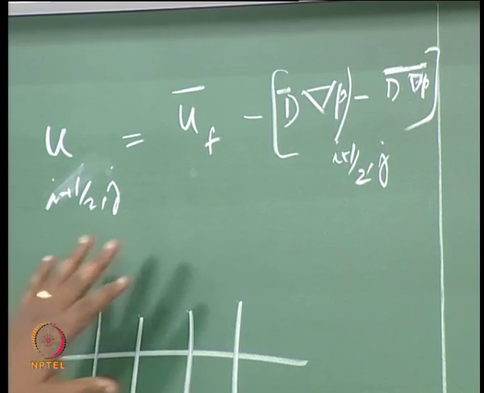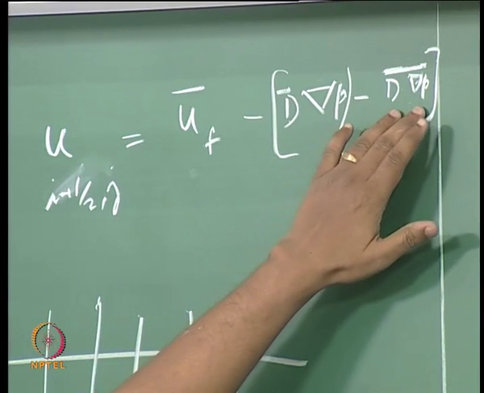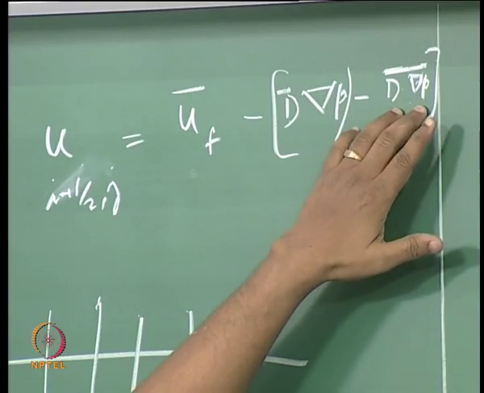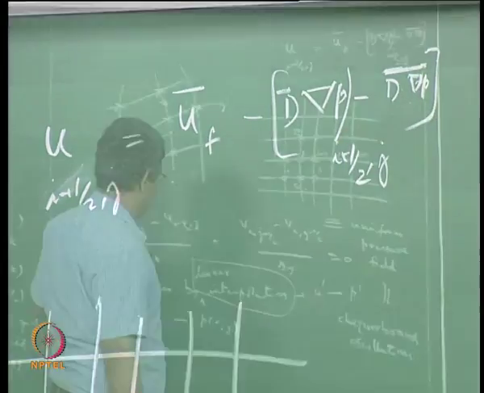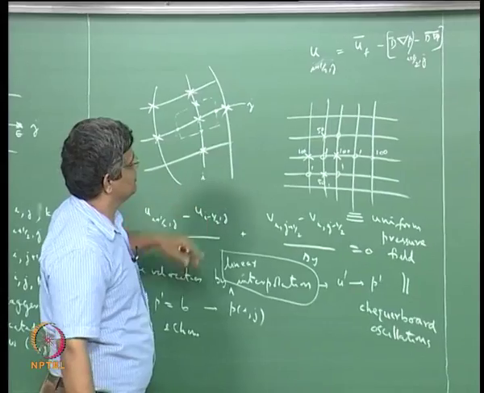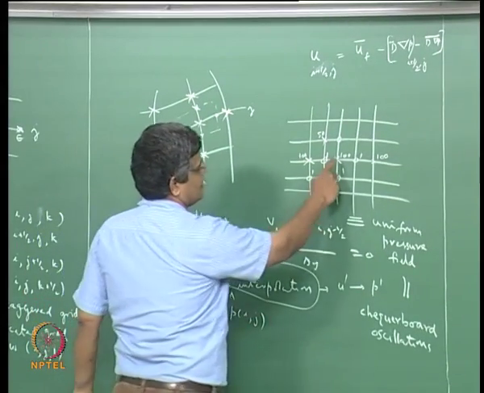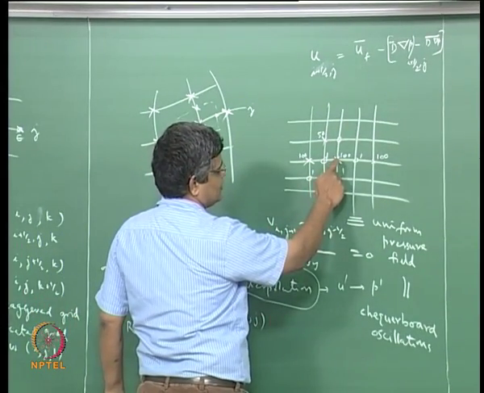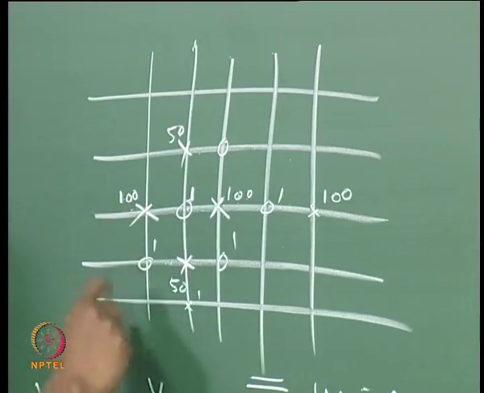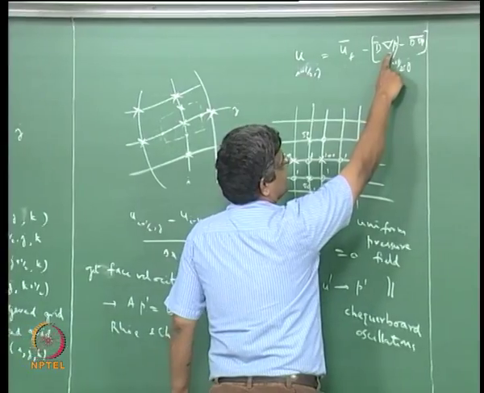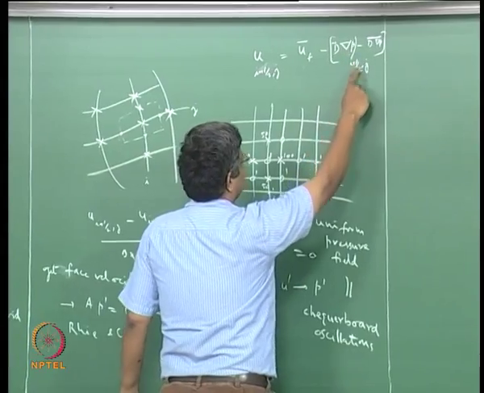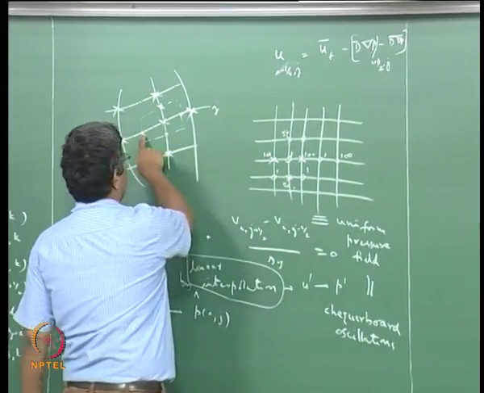This is the interpolated pressure gradient source term which is coming in the evaluation of the momentum equations, at this point and this point, and this is the pressure gradient evaluated at this half point here.